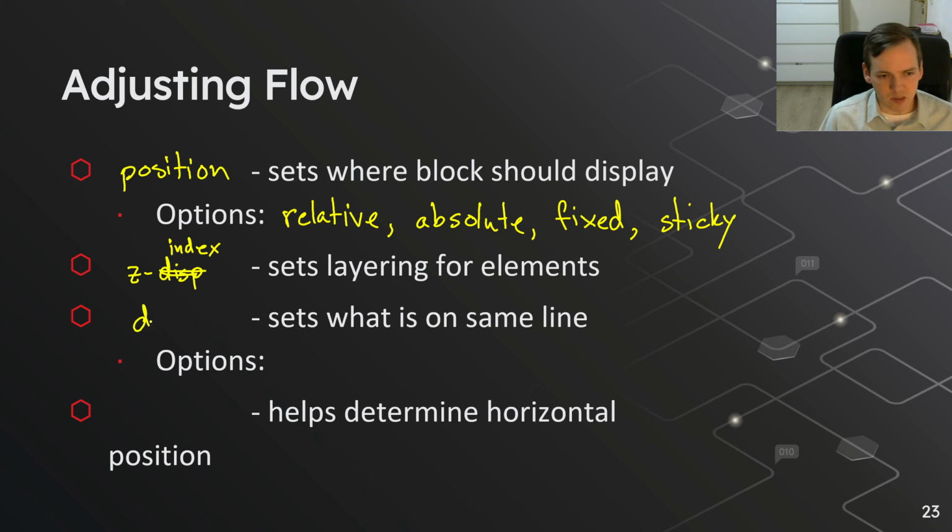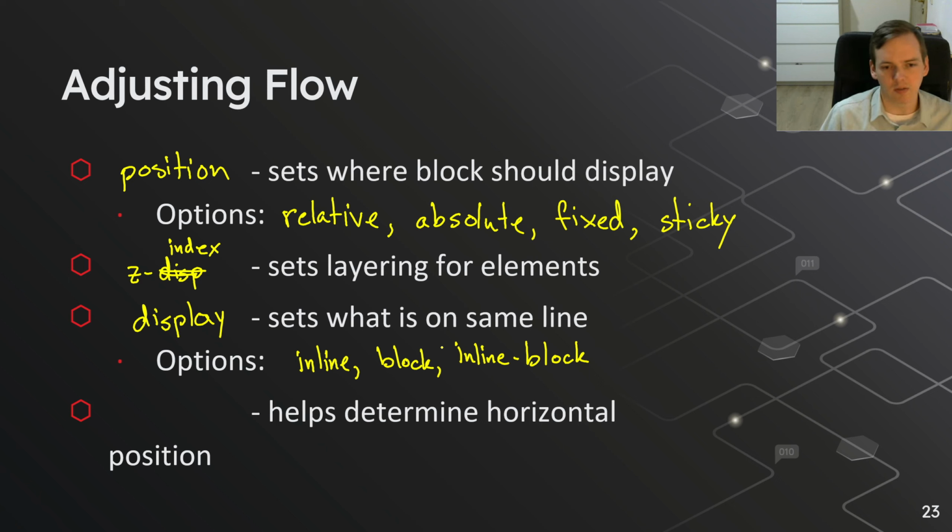Next, we've got display. And this affects or determines what's going to show up on the same line as whatever box you're defining this for. Your options here are inline, block, and inline-block. And much like position, there are specific details that explain why they're different and how they work.